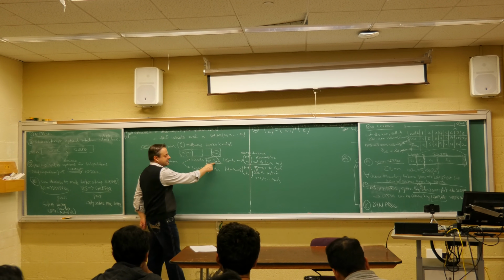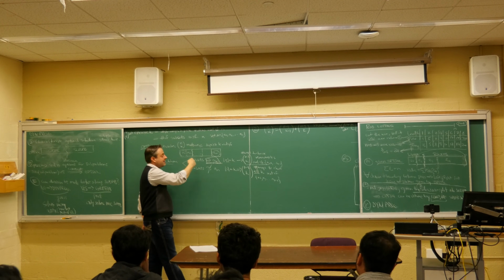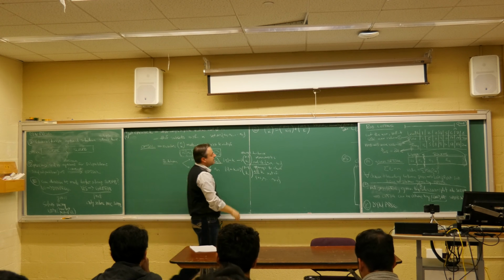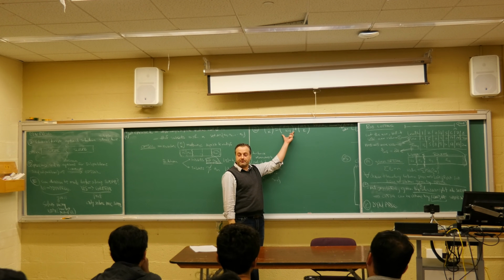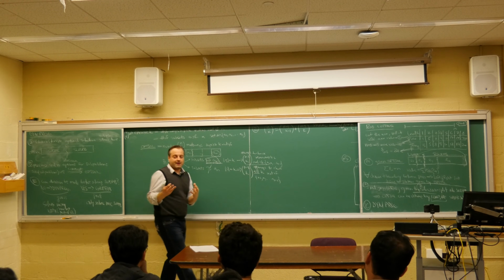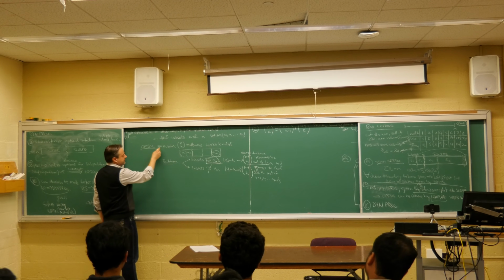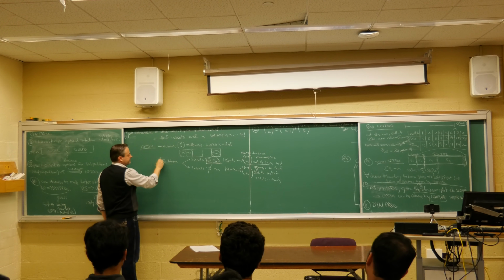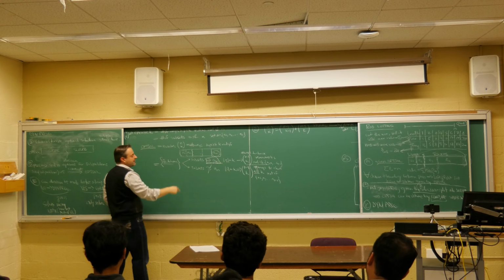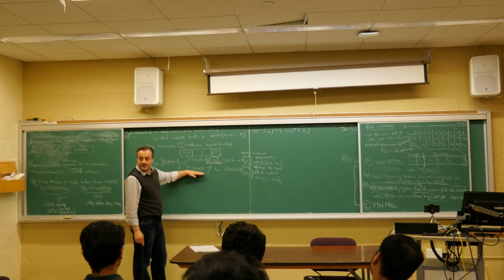If you look at this, it is exactly counting how many subsets I can include with K minus 1 elements here. That's certainly a subproblem in my table, and this is the other subproblem. So the optimal solution structure is the fact that my optimal solution can be broken into this part and this part, and each of them are subproblems.